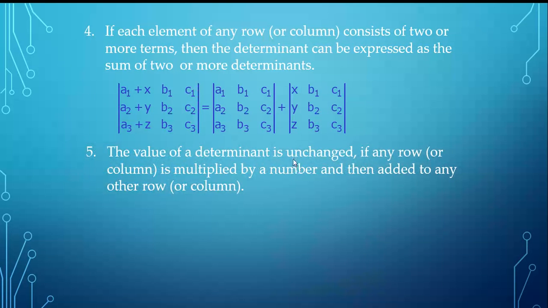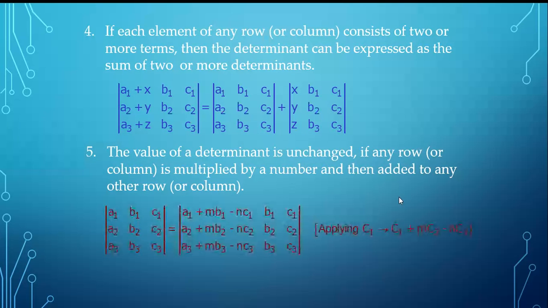The next property is that the value of a determinant is unchanged if any row or column is multiplied by a number and then added to any other row or column. Here we have the determinant a1, b1, c1, a2, b2, c2, a3, b3, c3.